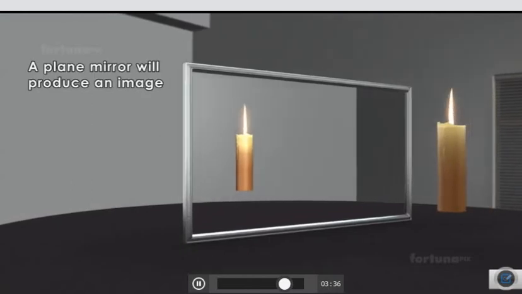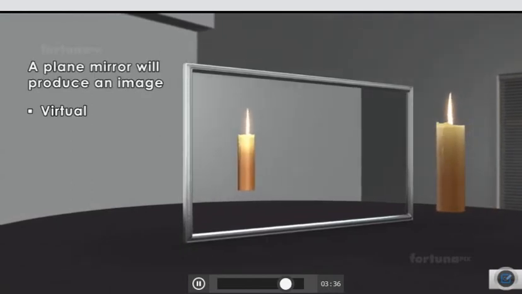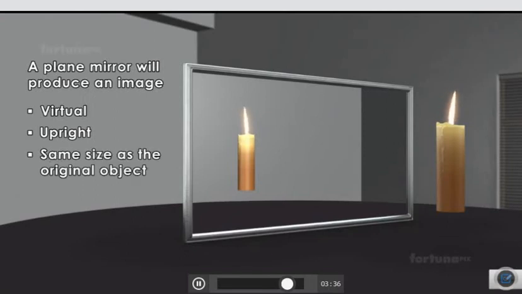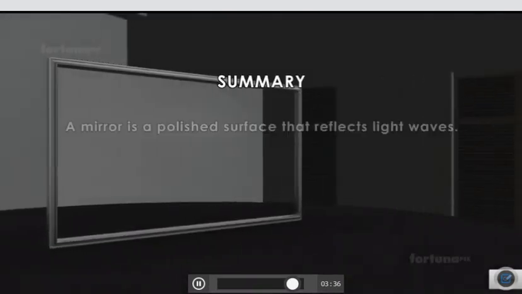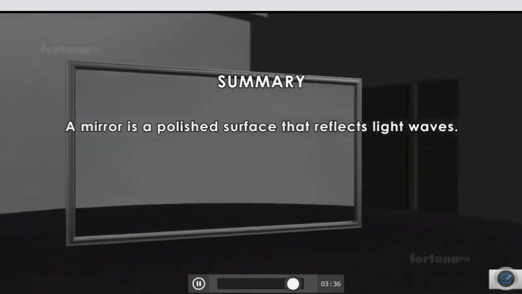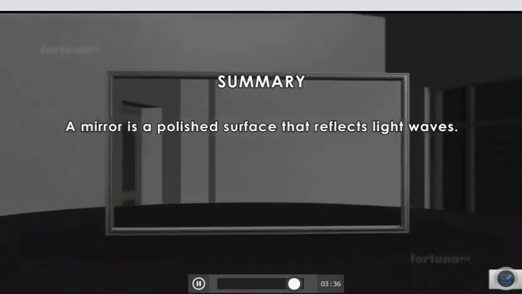A plane mirror will produce an image that is virtual, upright, and the same size as the original object. It will also appear at the same distance as the object is from the mirror, but it will be laterally inverted. Summary: a mirror is a polished surface that reflects light waves.